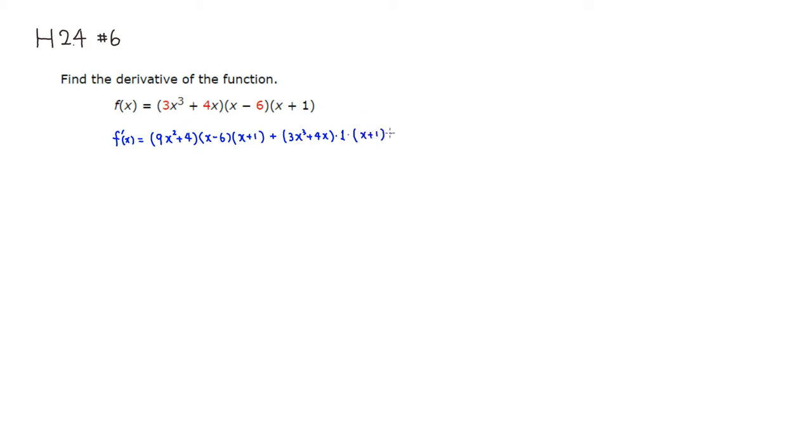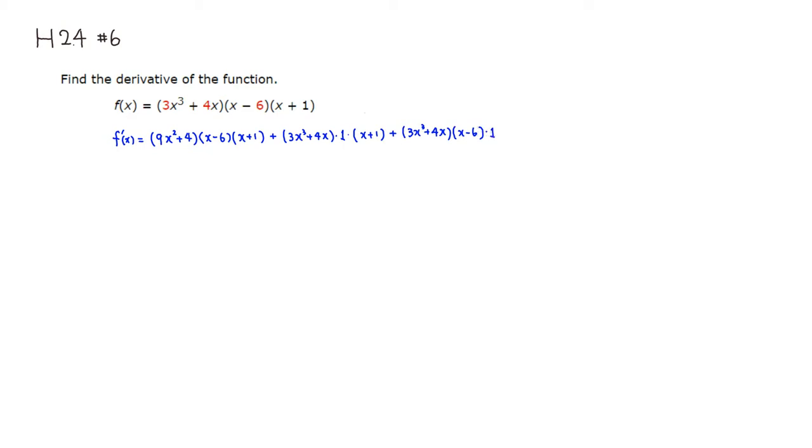And the last term, we leave the first two alone, so you have 3x cubed plus 4x multiplied by x minus 6, and the derivative of the last one is just 1.